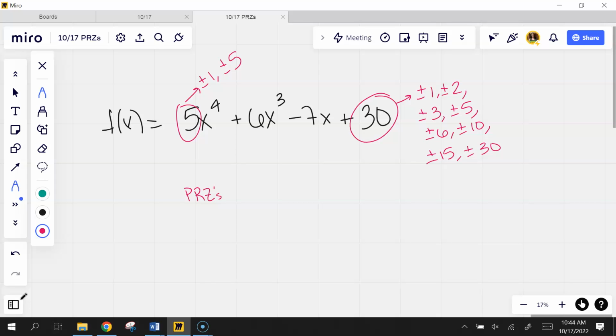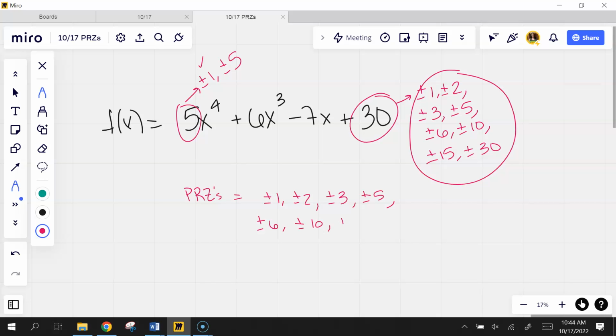That's why we call them possibles. So I take all of these and I divide them first by 1. So it's just the same list. 1, 2, 3, 5, 6, 10, 15, and 30.